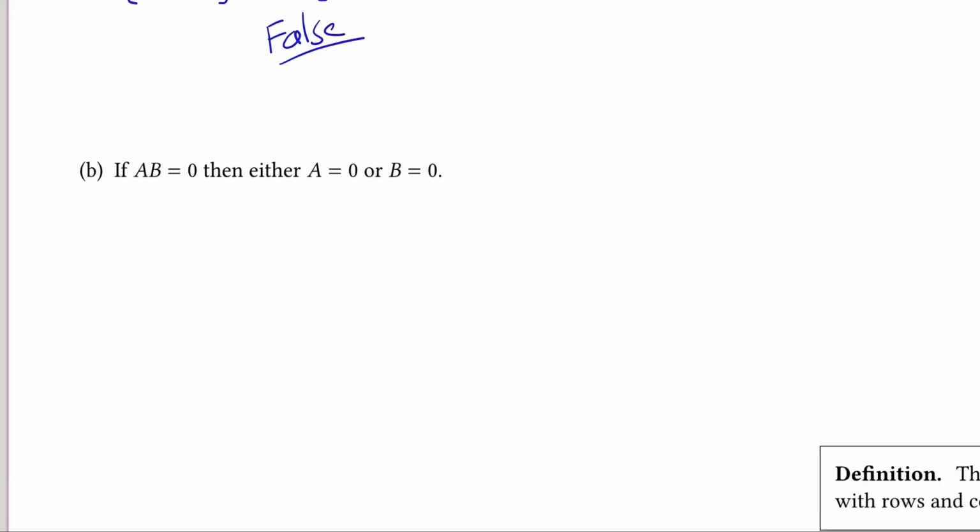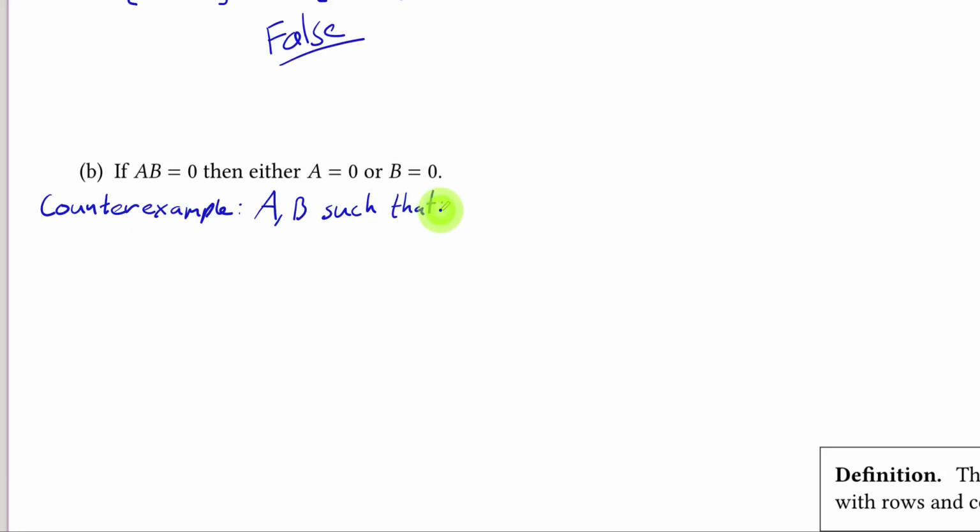Now, again, we're going to try to think of a counterexample, which is an example of A and B that make this false, such that A times B is 0, so the statement applies to it, but neither A is 0 nor B is 0.